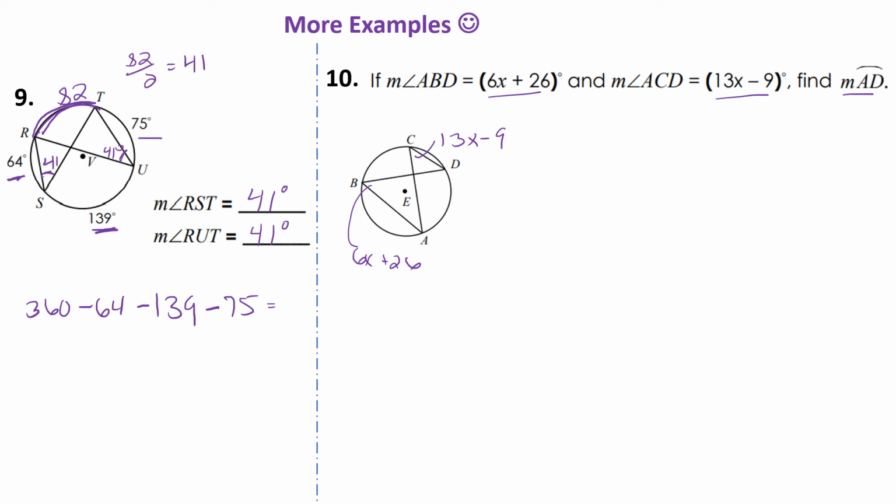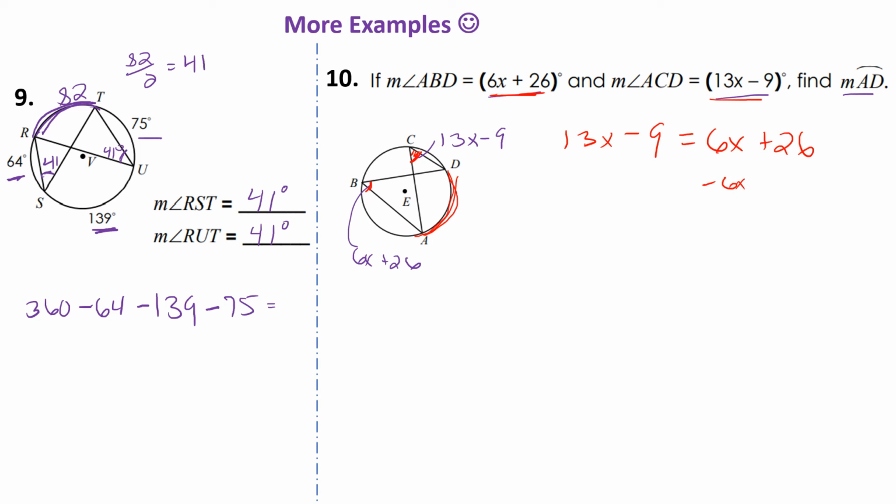I can see here that I have the inscribed angles. They intercept the same arc, arc AD. So these two angles are congruent because they intercept the same arc. I could just set these two expressions equal to find x. 6x plus 26 equals 13x minus 9.